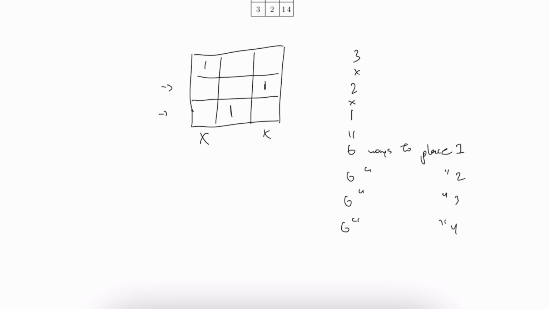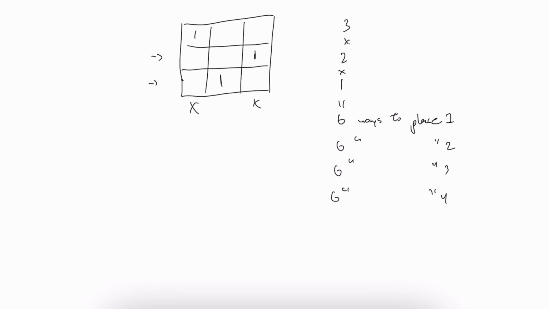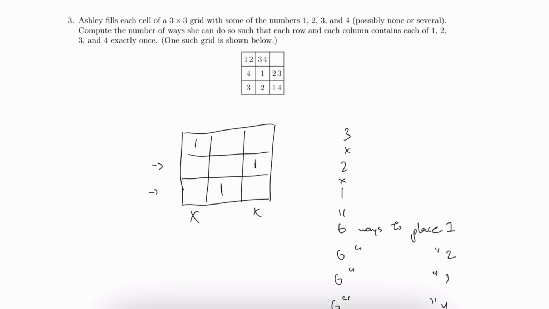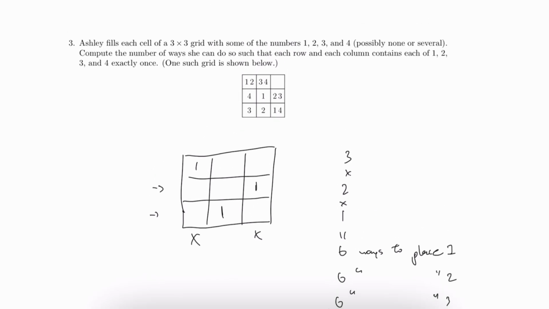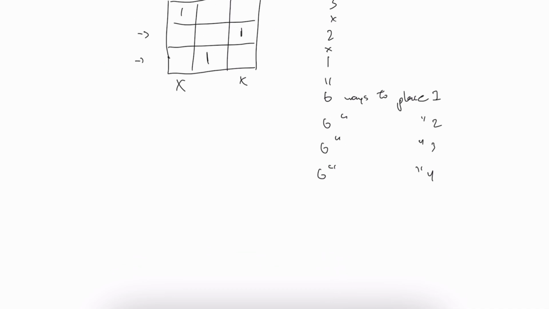And again, because they are independent of each other, the total number of ways to place 1's, 2's, 3's, and 4's in each cell, so that each row and each column has a 1, 2, 3, and 4, is just 6 to the 4th, or 1,296 ways. And that's our answer.